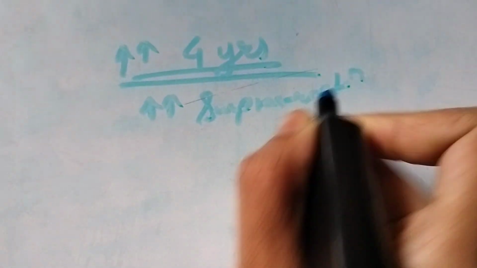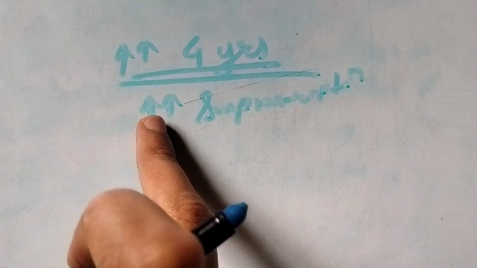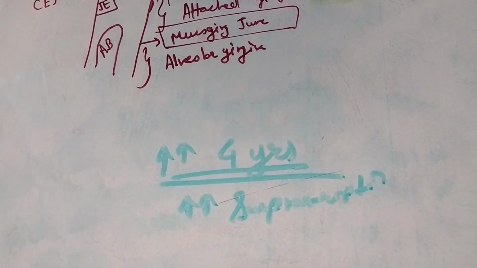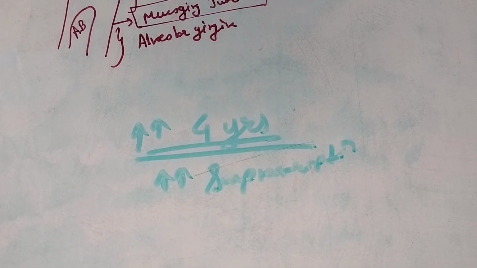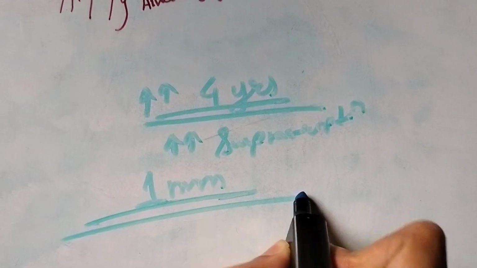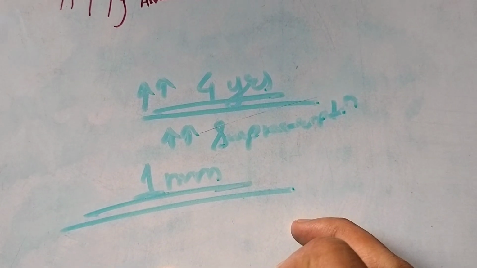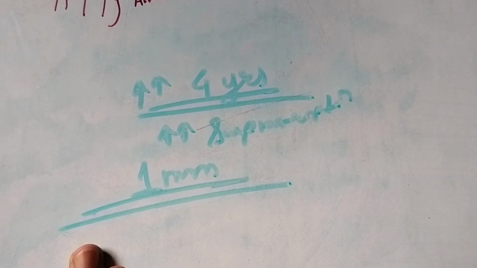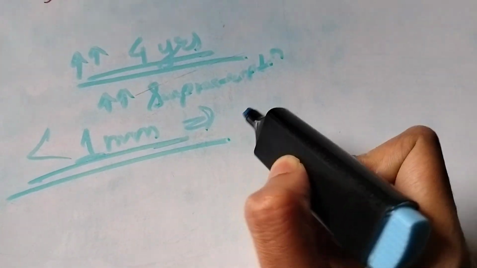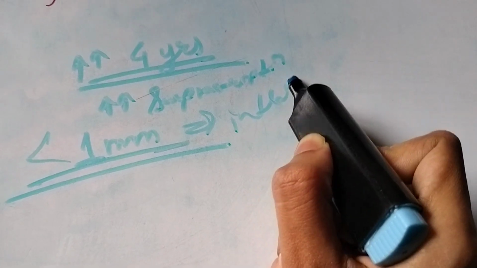If in an MCQ they ask about the minimum width of attached gingiva, then we have to mark it as 1 mm. If less than 1 mm is present, then it causes inflammation as well as recession.